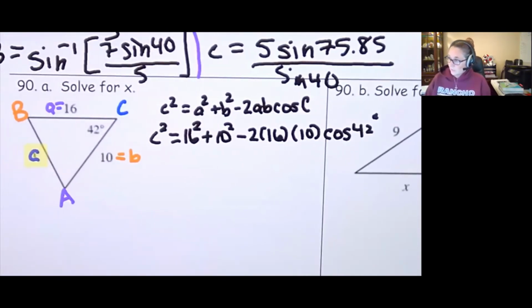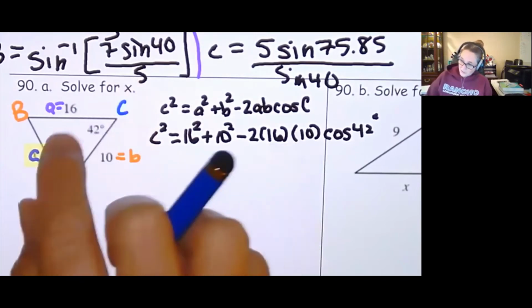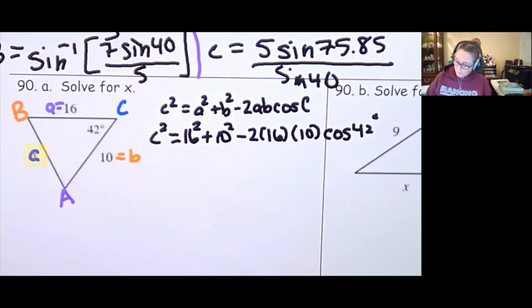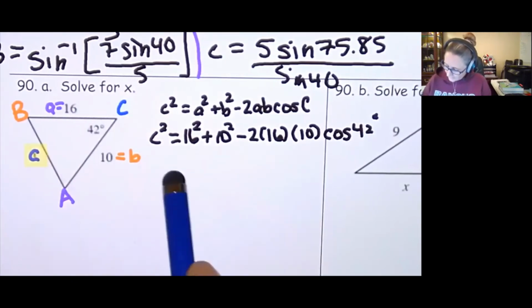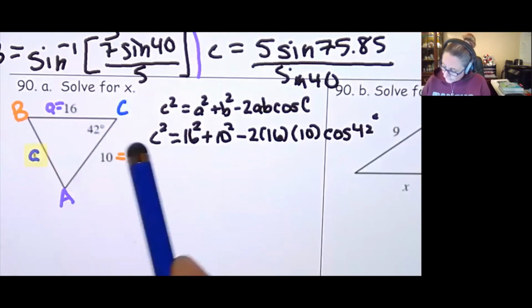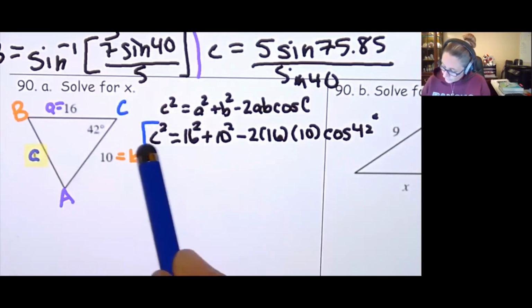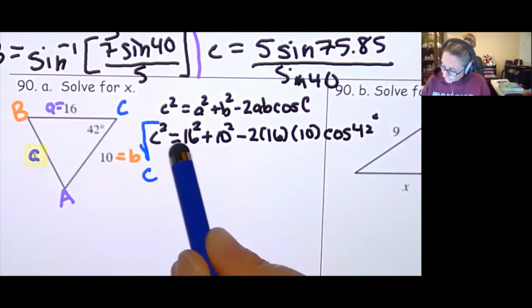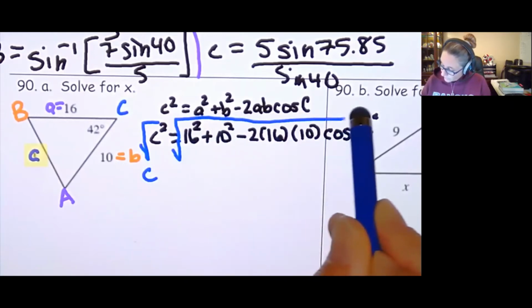And since I want C, well, really X, but I'm having C be my X, not C squared, I'm going to take the square root. So I am going to take the square root of this side, which would give me C, and then I'm going to take the square root of this side.